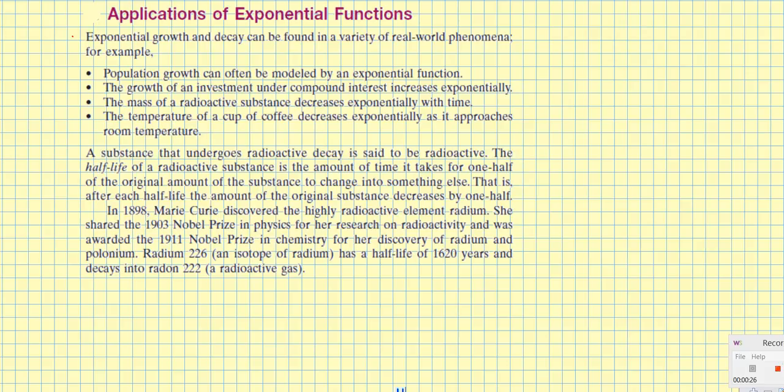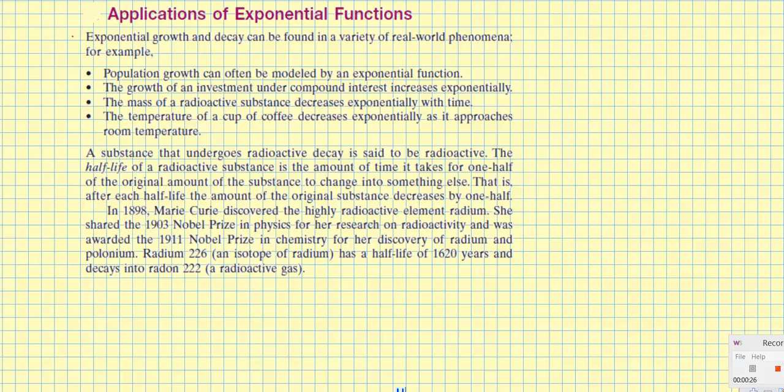And if we were to look at, for example, in physics or in chemistry, the temperature of a cup of coffee, and we were trying to let it cool to room temperature, in that cooling process we would be looking at a decrease exponentially, or exponential decay, as the coffee is reaching room temperature.